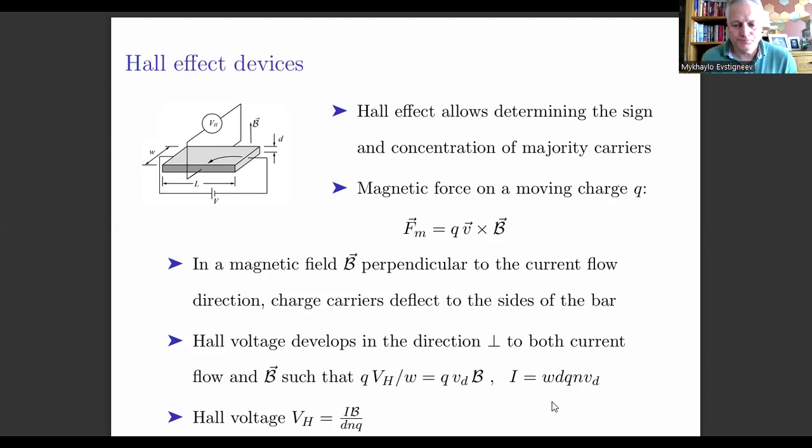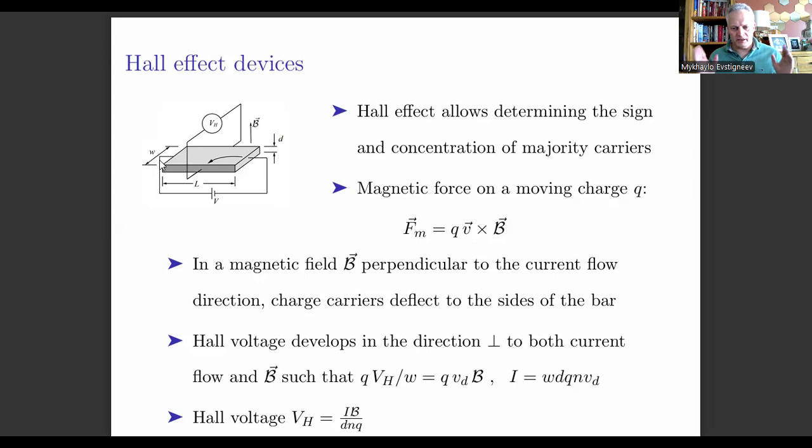So let's say that your semiconductor is of n-type. And this is the schematic of the experimental setup. You take your semiconductor bar, you apply voltage between the two ends, this one and this one.